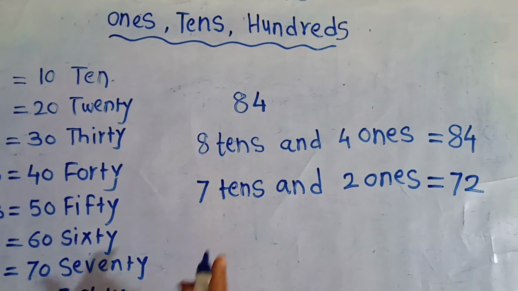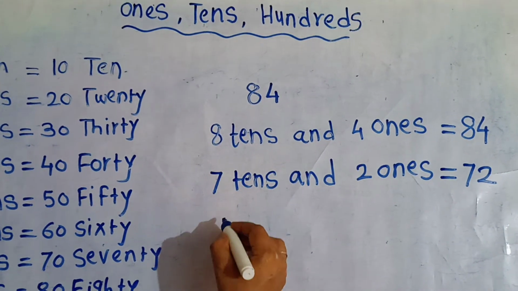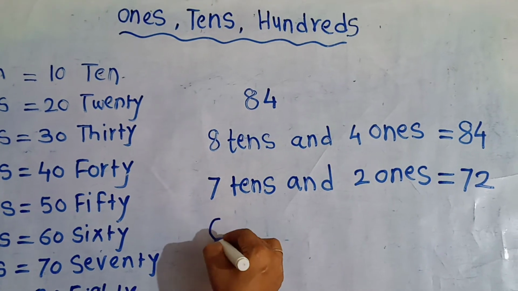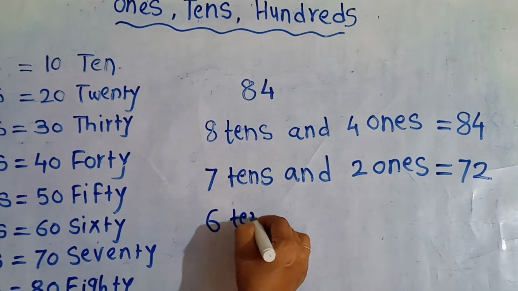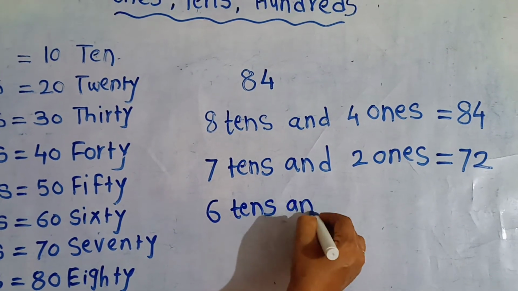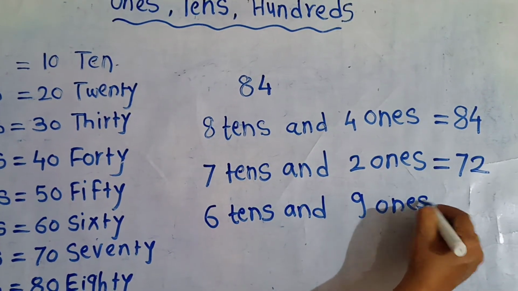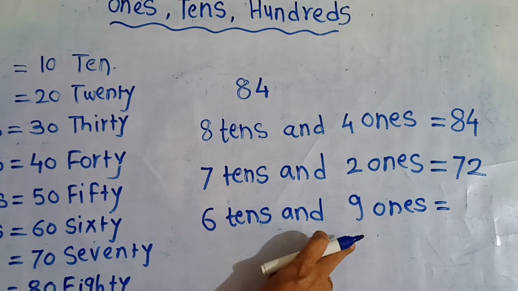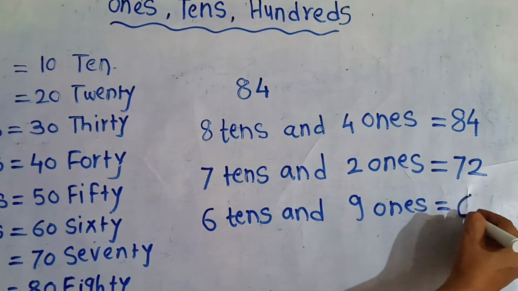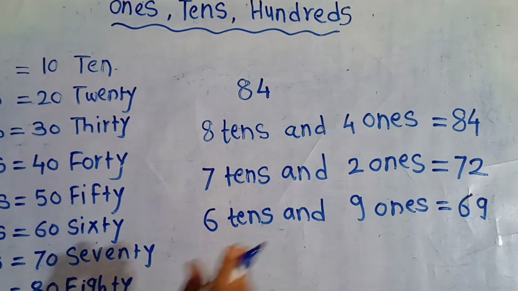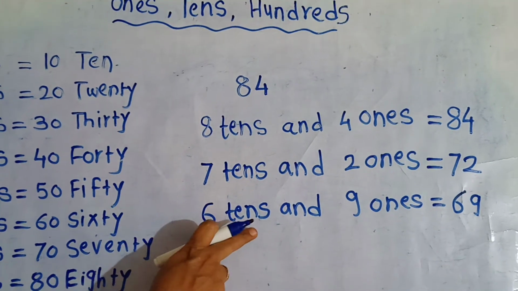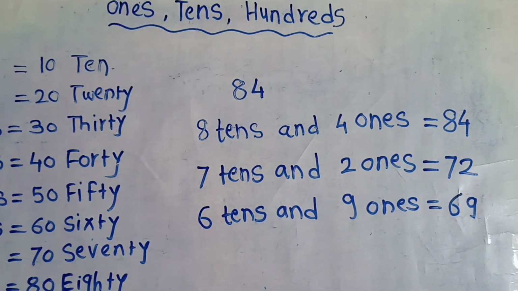Understand? If there is number 6 tens and 9 ones, then tell me which number will there be? 69. Okay, children, now you know about the tens and ones.